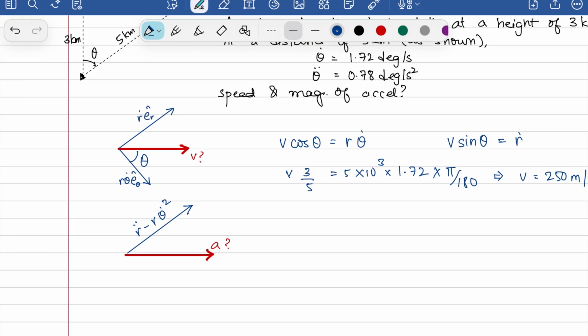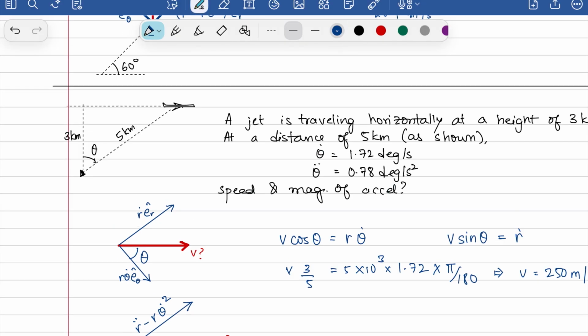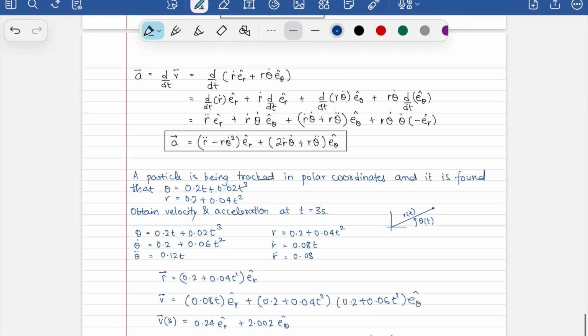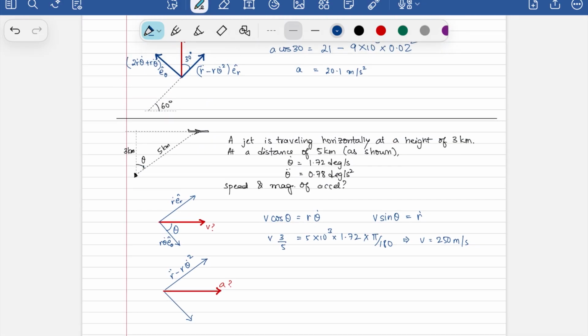And then you have another component that is along the tangential direction, whose component is given by 2r dot theta dot plus r theta double dot.